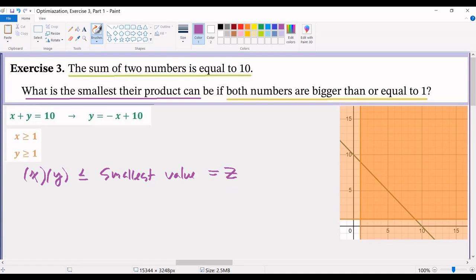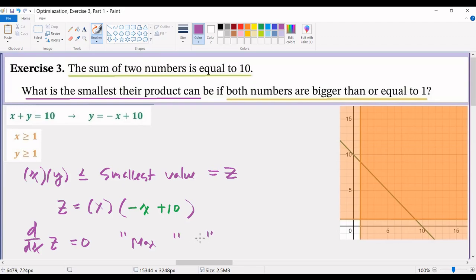So that we will have z is equal to x times the substitution of y, which is going to be minus x plus 10. We're going to perform the derivative with respect to x of z and set it equal to 0 to find possible maximums and possible minimums.